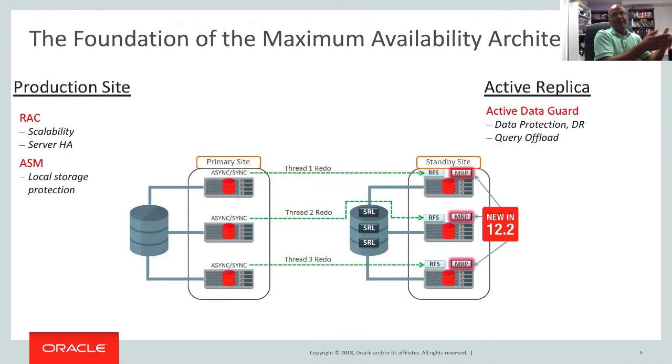It's not that we are saying they are wrong. As long as it takes care of their requirements, it's fine. But Data Guard and maximum availability architecture is what we call the premier protection that you get from all kinds of data failures.